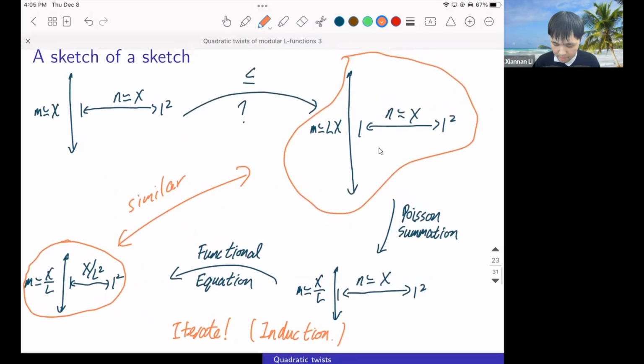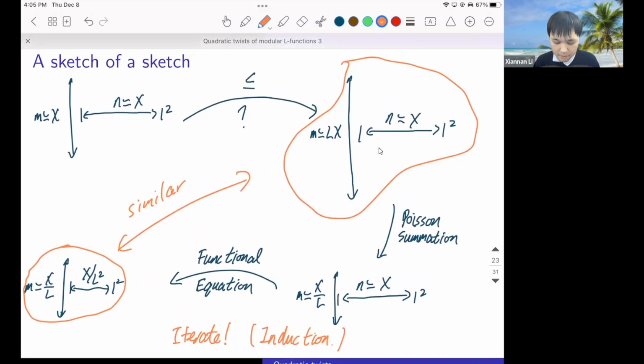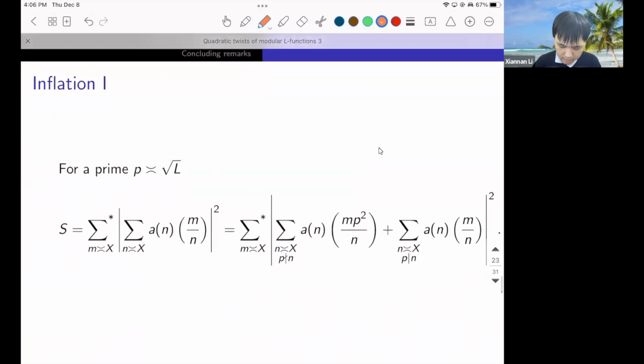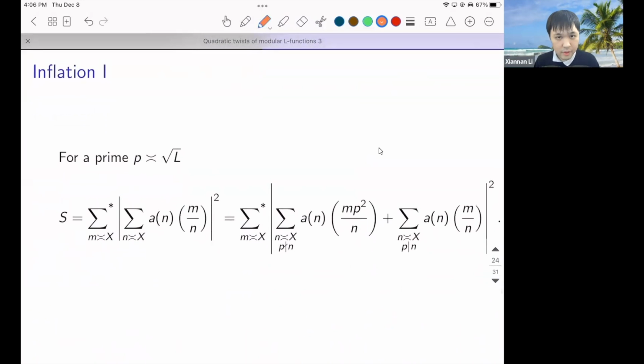The first main step is this inflation argument where the sum over m is somehow inflated. It becomes longer than it used to be. So let me first try to explain how this happens.